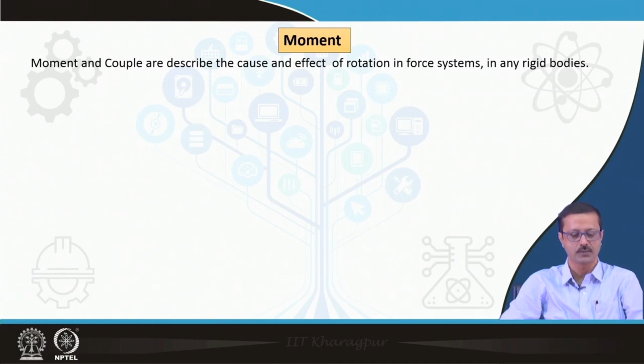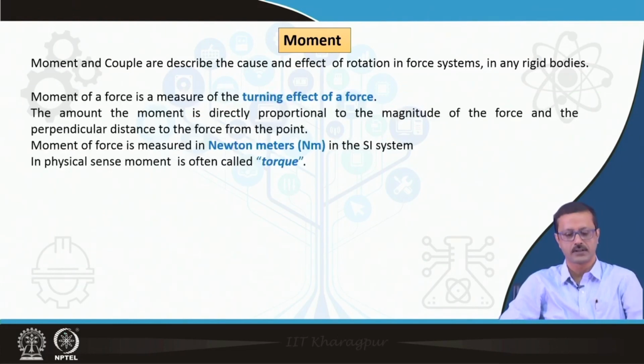The cause is the moment and the effect is the couple of a force system of any kind of rigid body. So, in rigid body mechanics, when a force is applied at a particular point, and another point is separated by a certain distance, we can find out how much is the turning effect of that particular force.